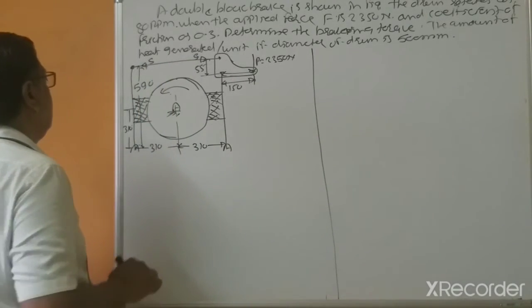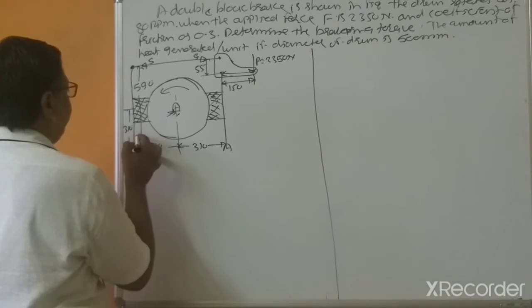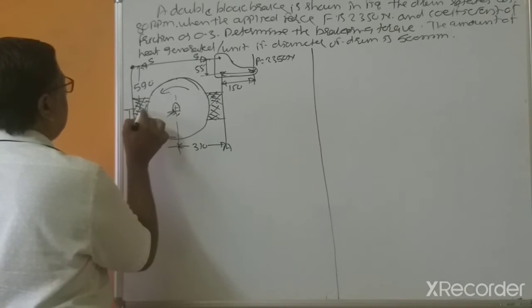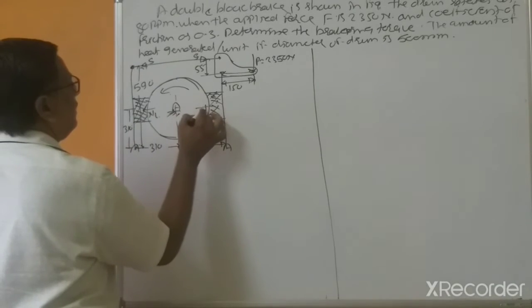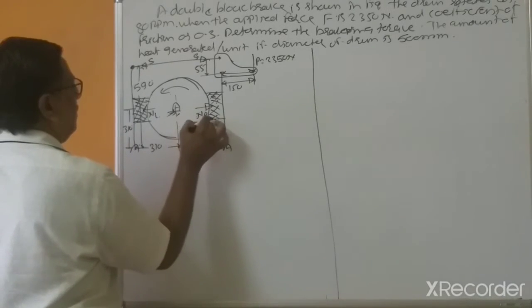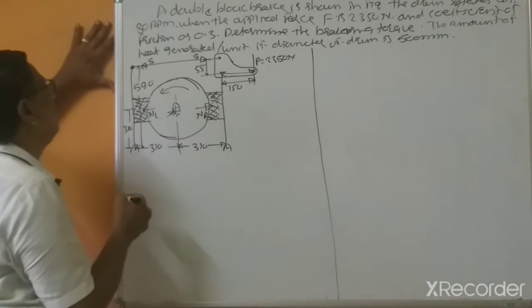Now this is a left shoe. So that's why here a reaction NL, and here a reaction NR. So first we will draw the free body diagram.